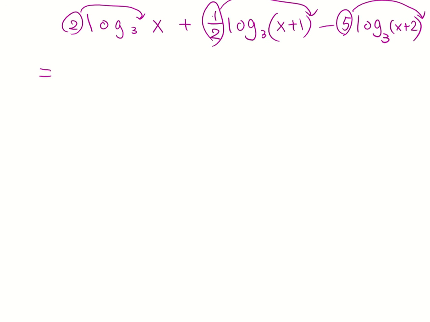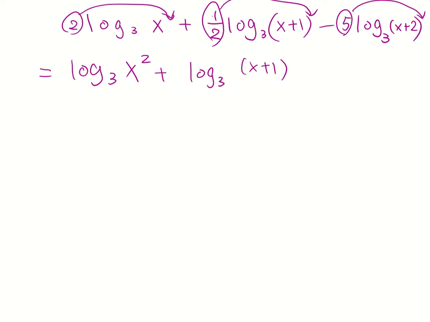So the first log can become log with base 3 of x, let's move it to here, not in front of the 3. So let's move it to here. x squared. Okay, the second logarithm will become log with base 3 of x plus 1 to the power of 1/2.